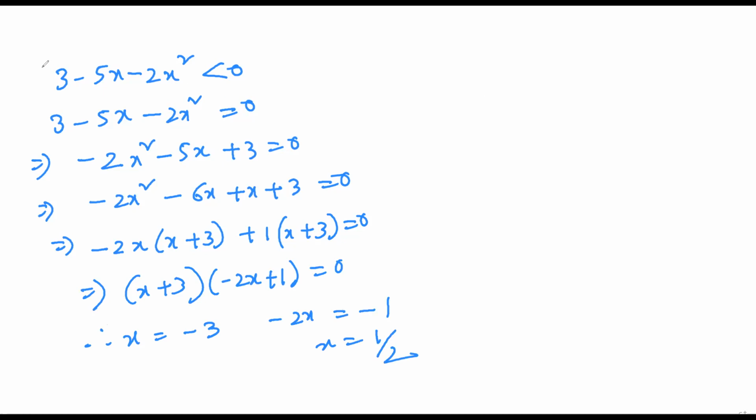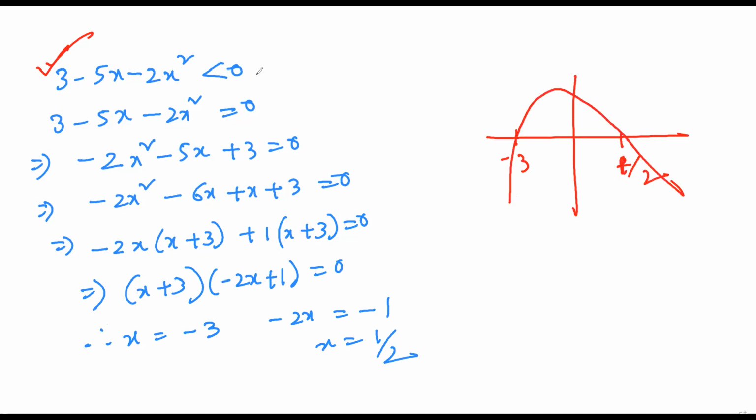Finally, x equals to minus 3 and minus 2x equals to minus 1, x equals to half. So if we follow this inequality, the curve will be cap shape. It will pass through minus 3 and half. What do we want? We want where the curve is less than 0. That means below the x-axis. From x less than minus 3, if we proceed from minus 3 to infinity, the curve is negative.